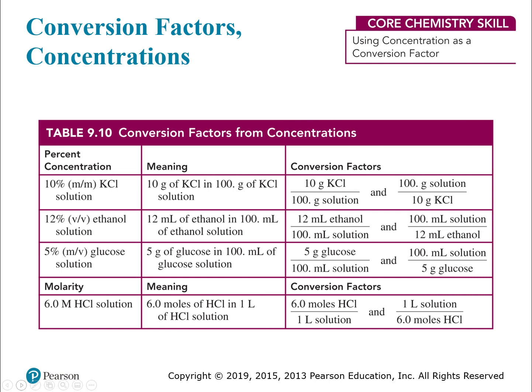This table has conversion factors from different types of concentrations. So we've got percent concentrations like mass by mass, volume by volume, and then we've also got molarity. So if you struggle with writing conversion factors, these examples are a great place to go when you need to write out conversion factors and choose one to use in a calculation.